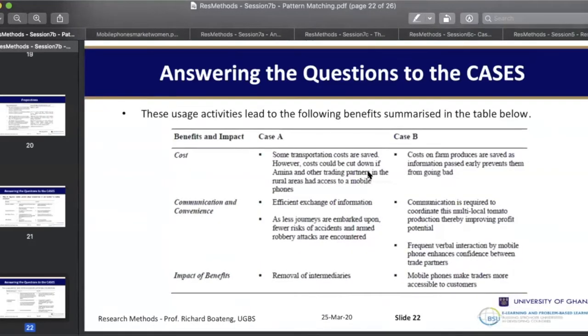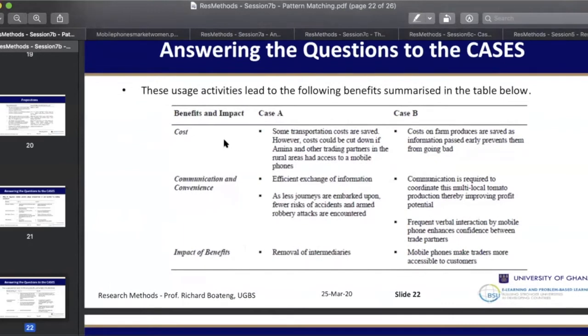Now, these uses actually lead to the following benefits. The benefits that were set by the theory were cost, communication and convenience, and then the impact on the benefits is also here. So the benefits and impact are put here. Then we say, what did we find in case A? What did we find in case B? It is good that you can use, like Miles and Huberman talked about, data display.